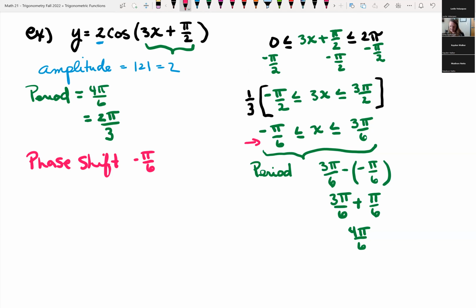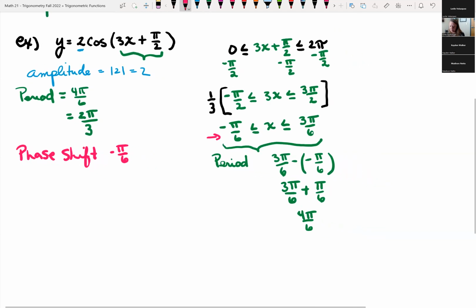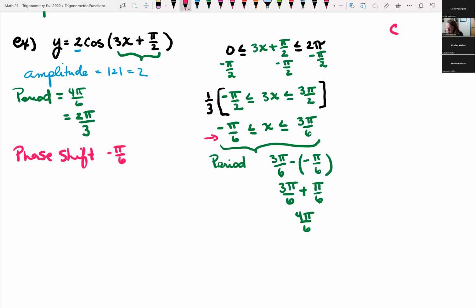Which, if you followed that formula, that was C divided by B. C in our case was pi over 2, just showing you get the same thing, all divided by B, which is 3. It was opposite. This should be minus and negative because this is a plus in here.